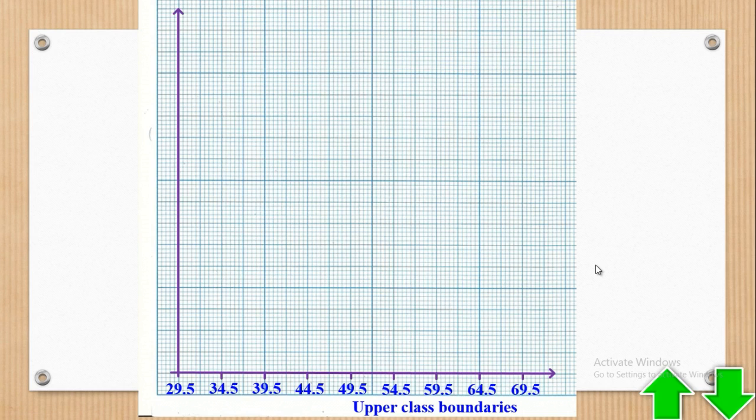Now that you are done with feeding in the values for the horizontal axis, let's feed in values for the vertical axis, and those are the values for cumulative frequency. The scale must be uniform. Okay, so now that you are done, next is to plot.